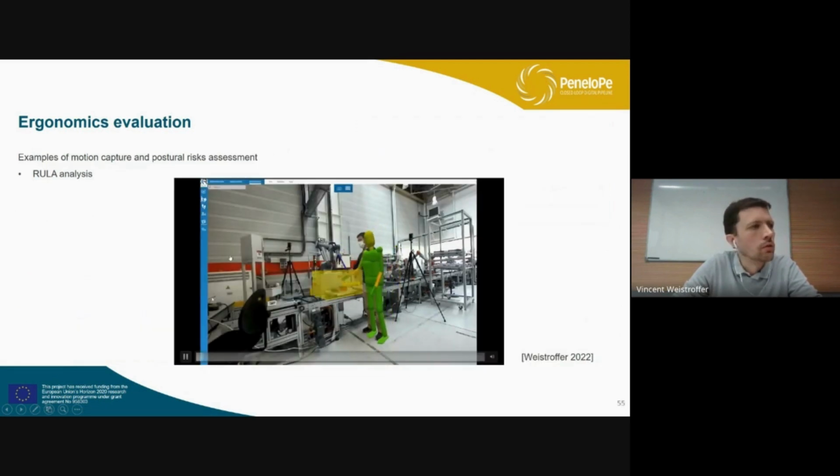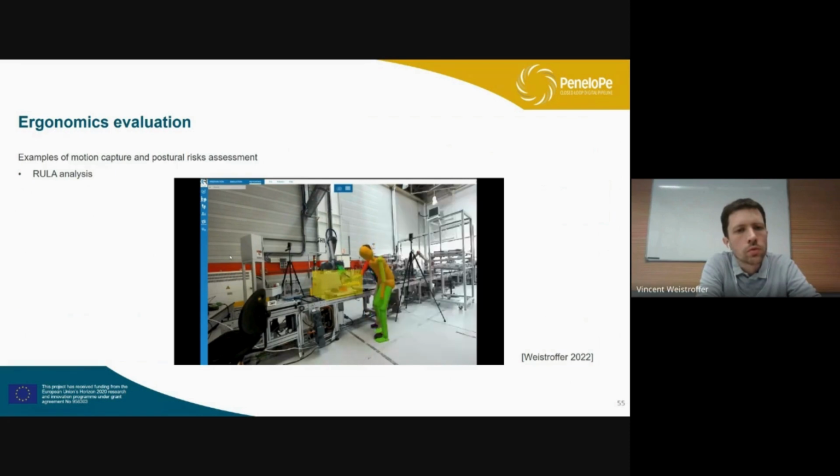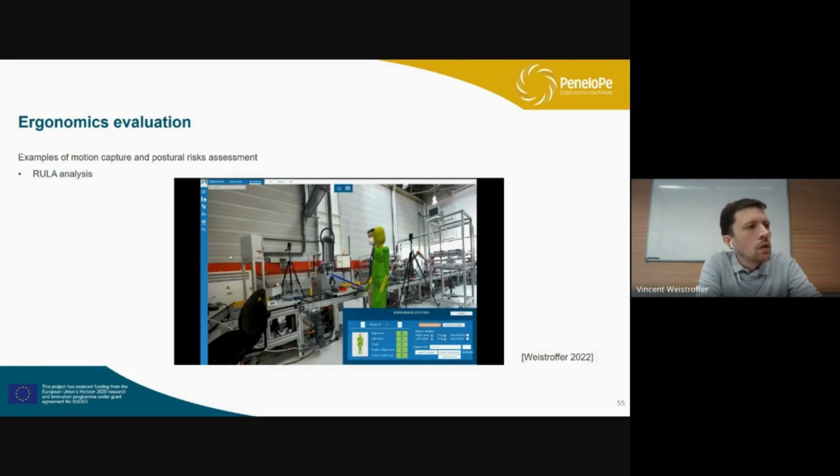And here is a video about a use case that we did in 2022. It was actually used for cobotics risk assessment, but we also do an ergonomics analysis that you see in real time here by different colors. The different colors, they represent the ruler scores on the human body.